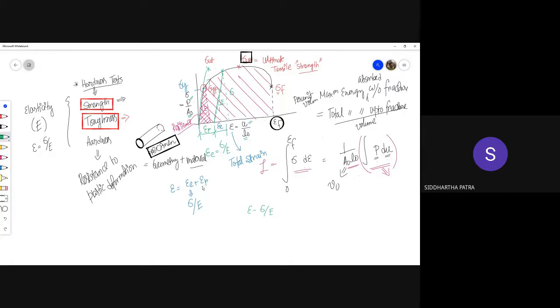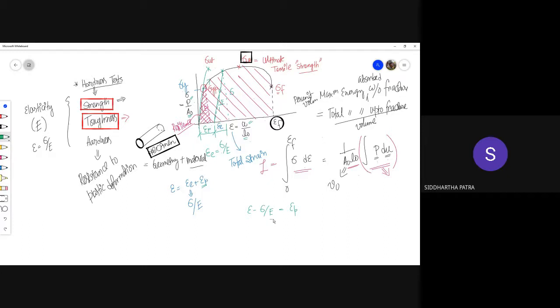Now you do not know how much of that strain is plastic strain, but this formula is there to very easily calculate the plastic strain from the elastic part of the curve. Within the elastic limit, you can very easily get the Young's modulus from the stress and strain values.